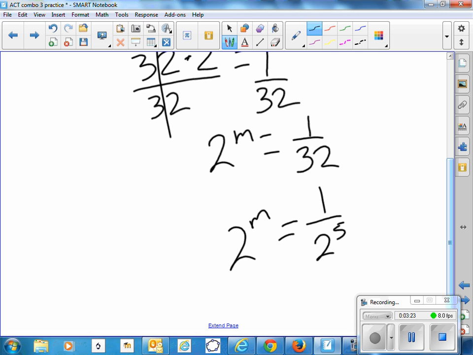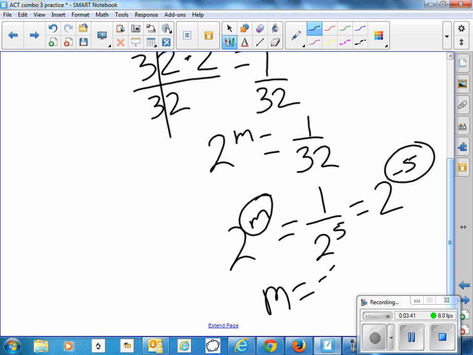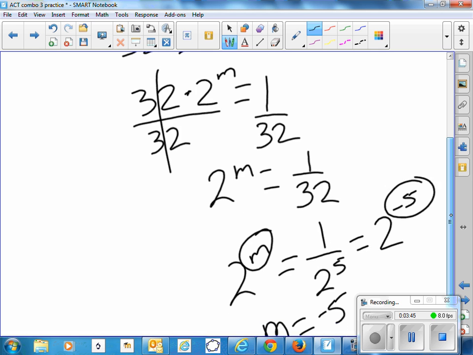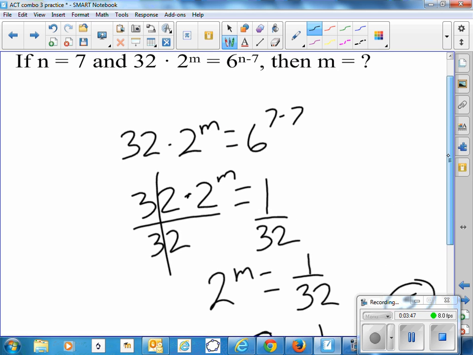Well, 1 over 2 to the 5th could also be written as 2 to the negative 5th power. Well, matching up exponents, that means m has to be negative 5. So in our original equation, m is negative 5. You can plug it in and see if it works.